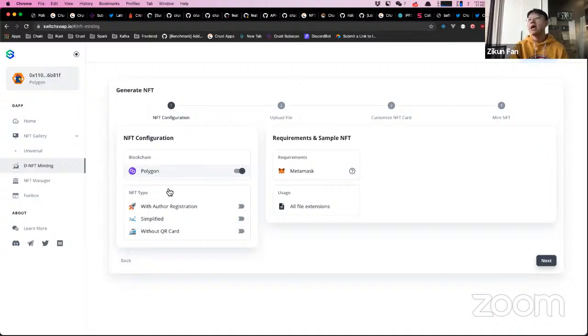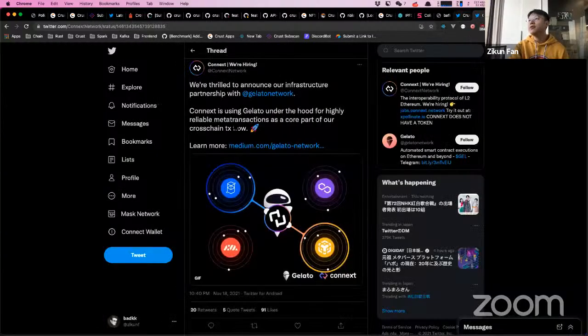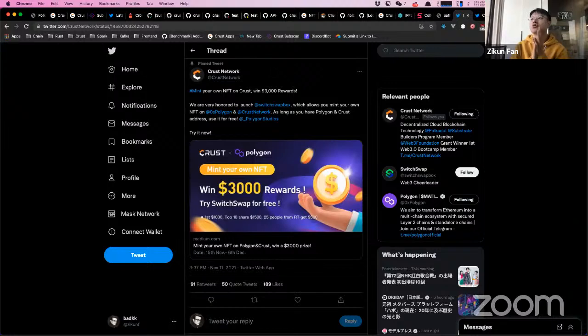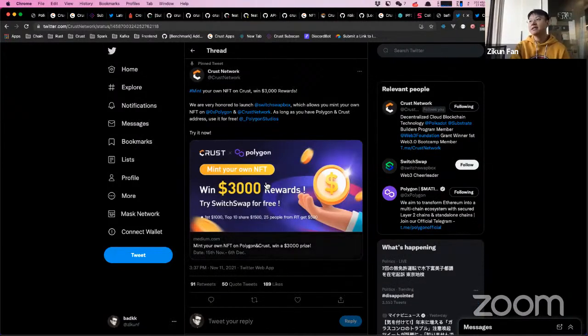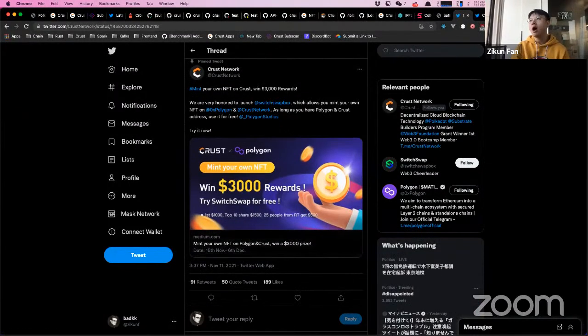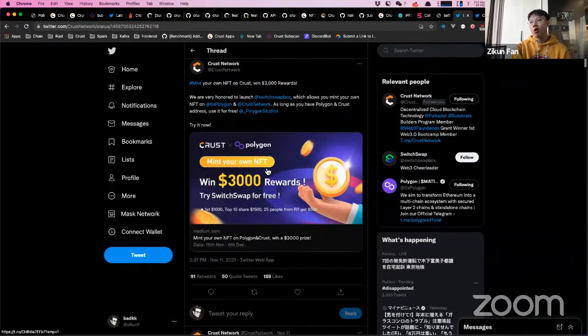And once you are done with those processes, very luckily we have a promotion activity going on right now. So if you check Crust Network's Twitter, you can find this activity we are running with Polygon. Once you mint your own NFT, you can earn some rewards from Crust and Polygon.